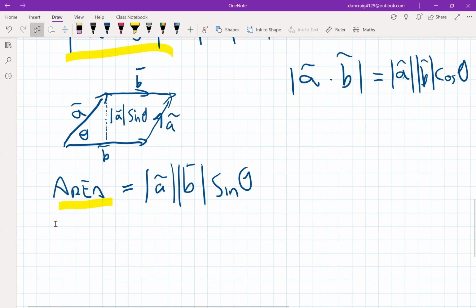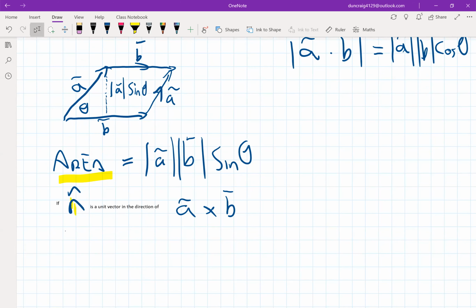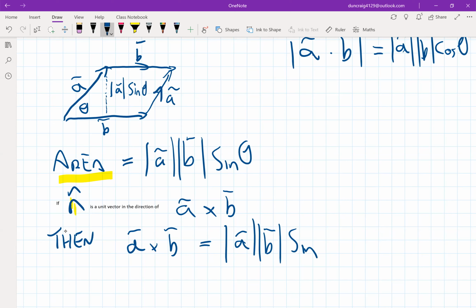So if n hat is a unit vector in the direction of the result, then we can say that A cross B is simply going to be the absolute value of A, the absolute value of B, sine theta, multiplied by n hat.